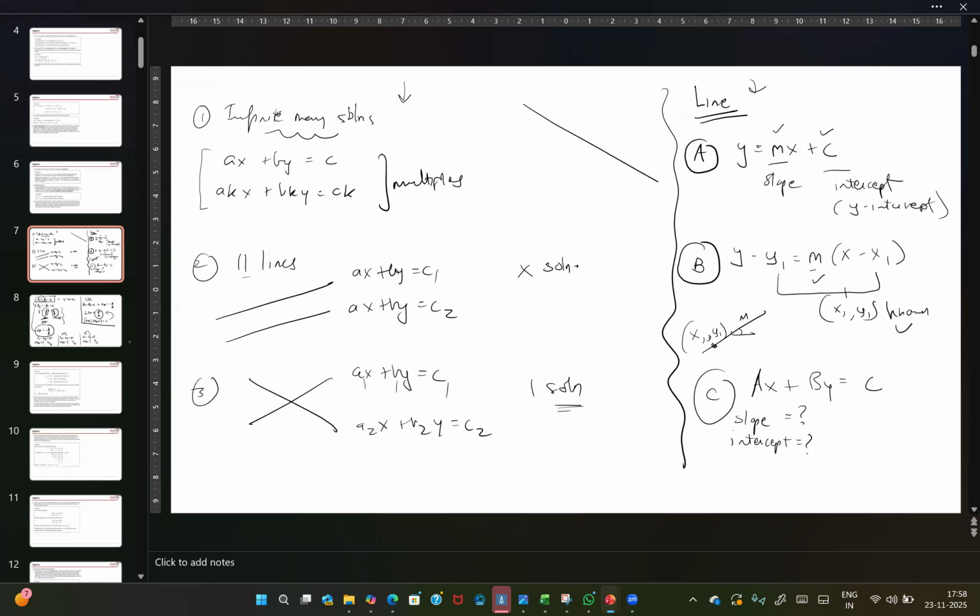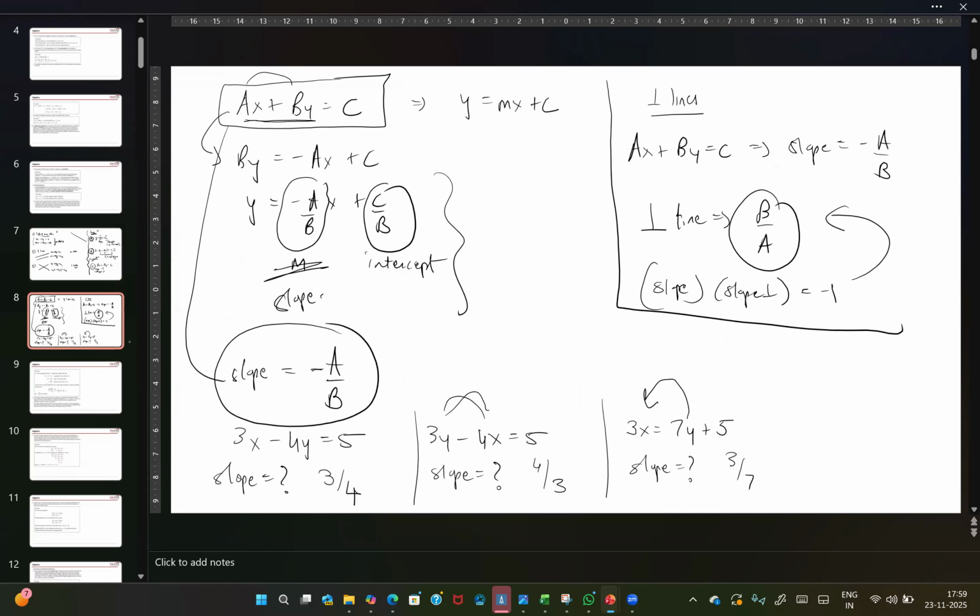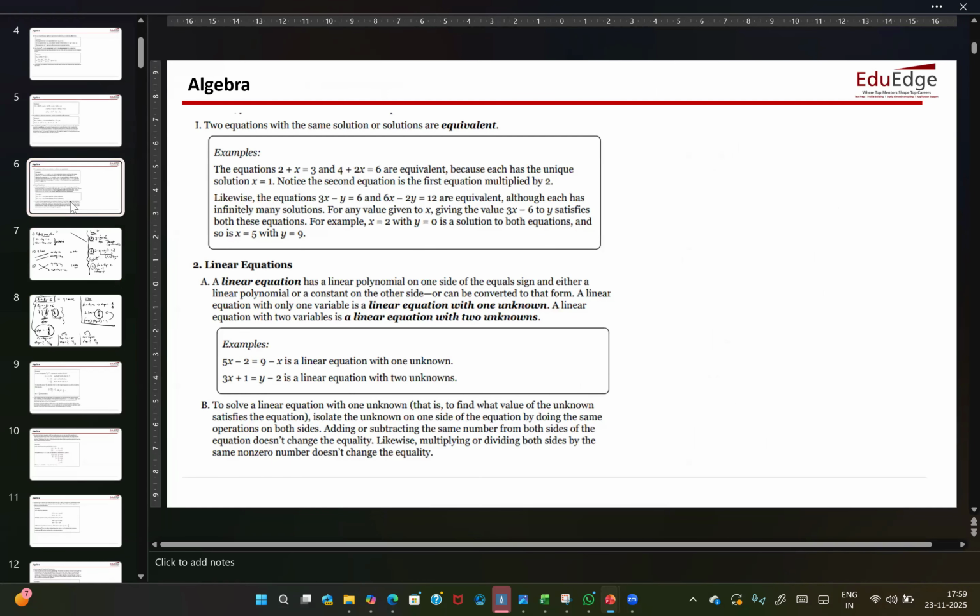The line can be of various formats: A is slope and intercept, B is you have the slope and one point on the line, and C is you already have the generic equation from which we need to reverse engineer slope and intercept, which we have discussed. We have discussed perpendicular lines here. So these are some of the basics on linear equations.